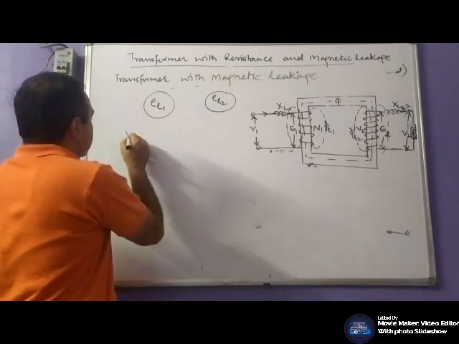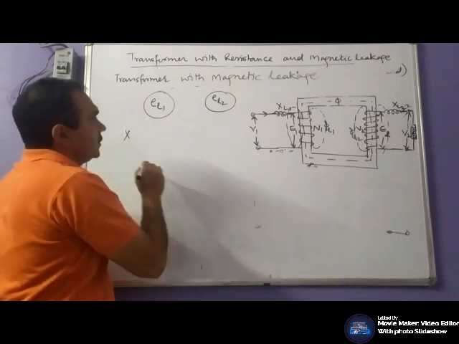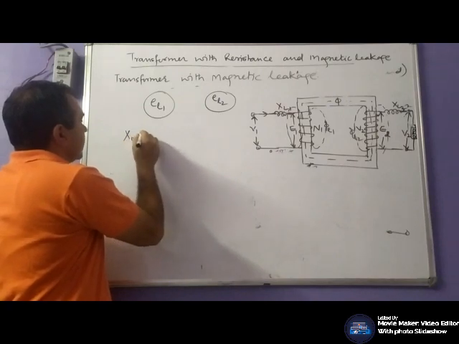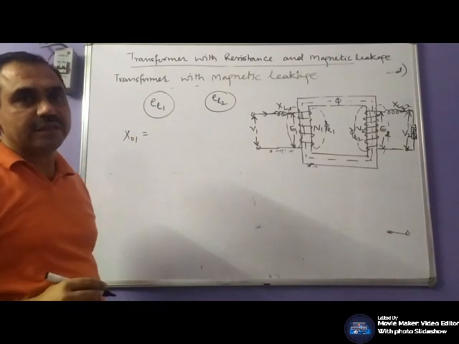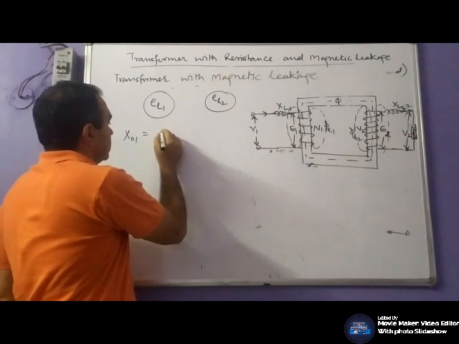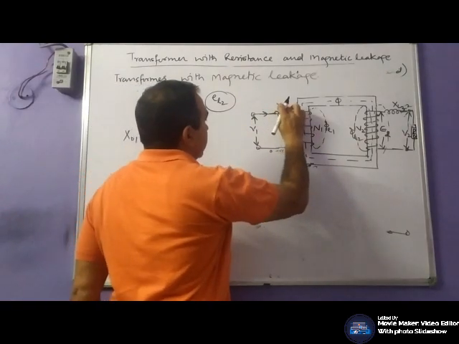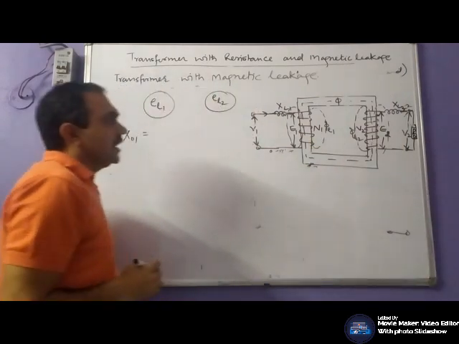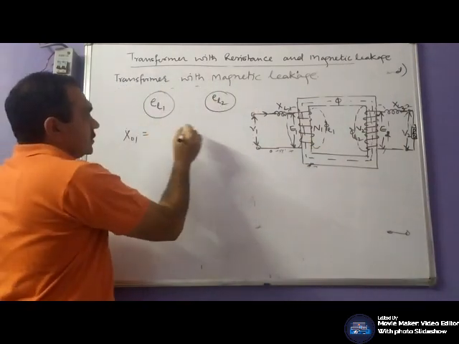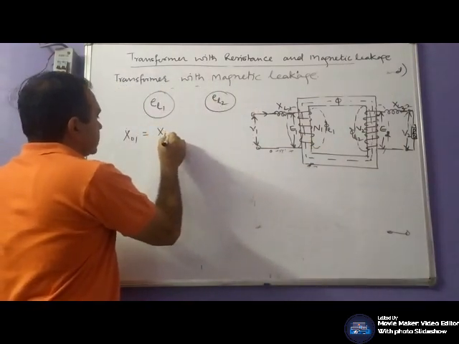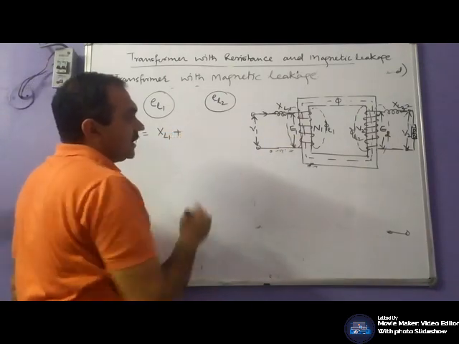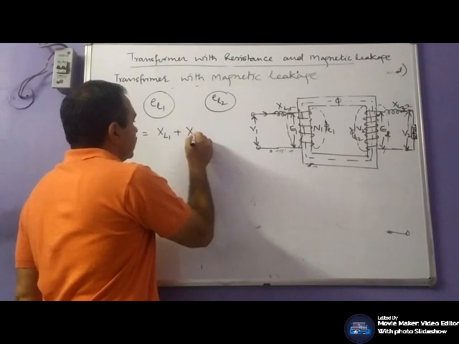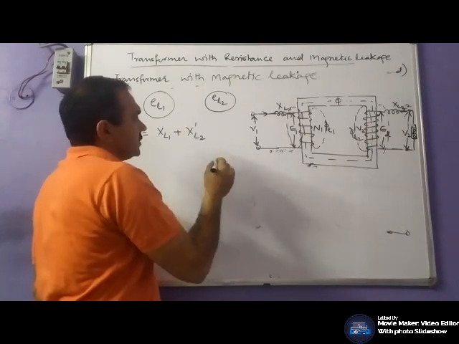For example, the secondary reactance referred to the primary side will be denoted by XL2 dash.